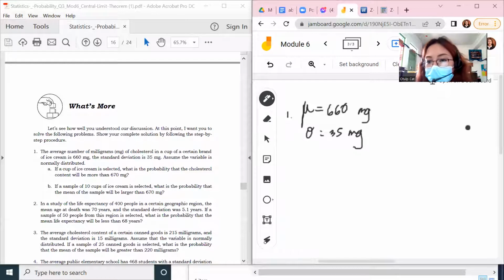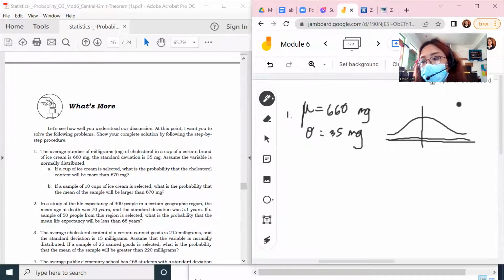Assuming the variable is normally distributed, it means the bell-shaped curve is equal on both sides. A: if a cup of ice cream is selected, what is the probability that the cholesterol content will be more than 670 milligrams?